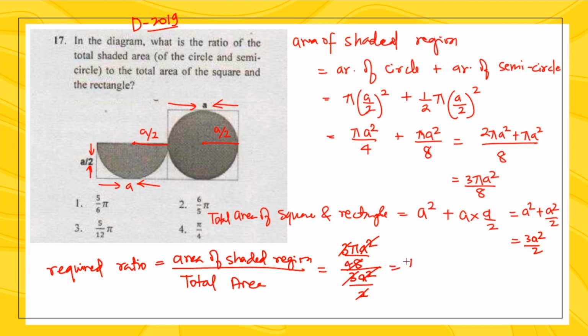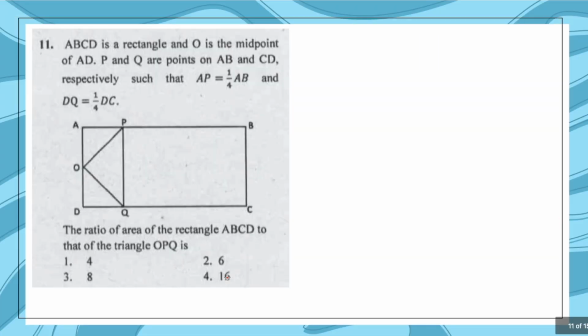So we get pi by 4 as the answer, which is option number 4. This is how it needs to be done. These types of questions are very simple and straightforward. All it needs is to analyze the question properly, look at the figure, and then try to do it.